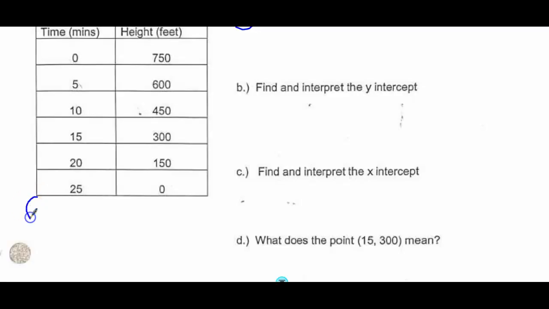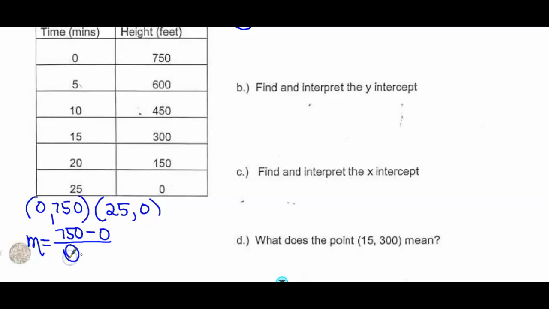So I'm going to pick the ordered pair 0, 750. And the second ordered pair I'm going to choose is 25, 0. So I'm going to use the slope formula. M equals 750 minus 0 over 0 minus 25.